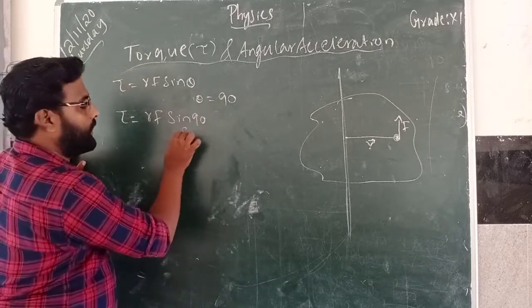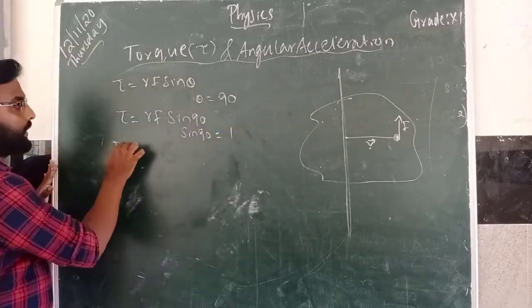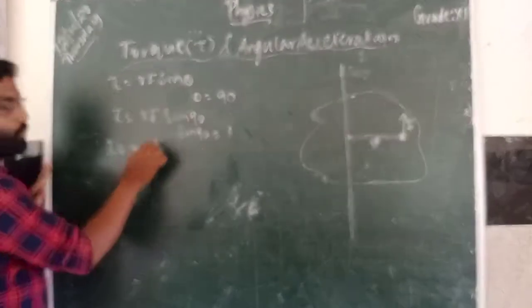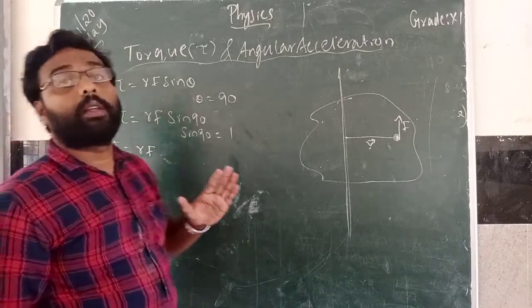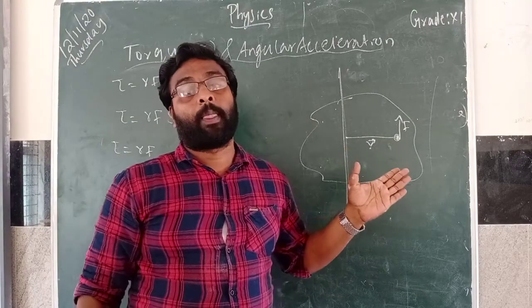What is the value of sin 90? Sin 90 is equal to 1. So torque is equal to R F. So there is a torque, the maximum torque.